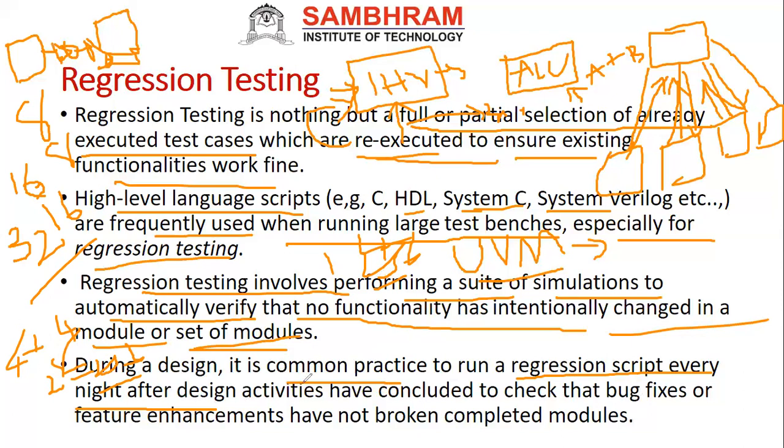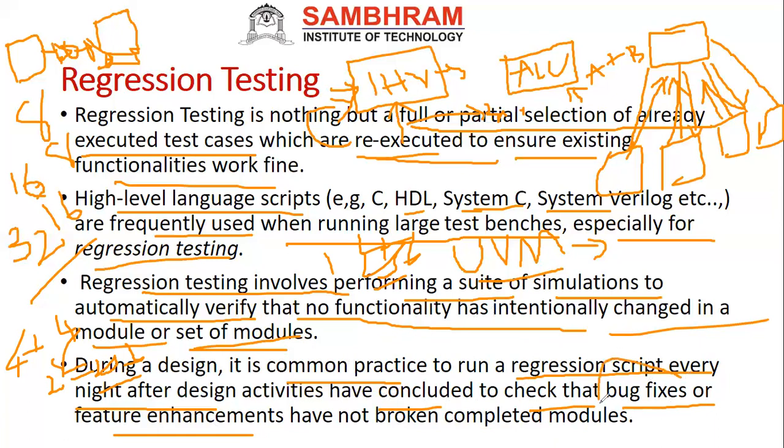When I'm going through the design, it is common practice to run a regression script every night after design activities have concluded, to check that bug fixes or feature enhancements have not broken completed modules. Very important: every night we need to run the regression test, because if any modification happens, the company routinely has to check.